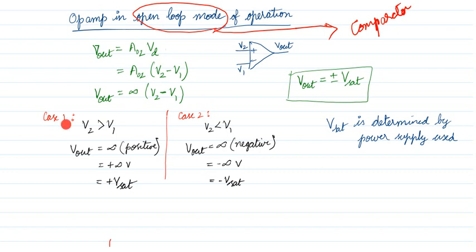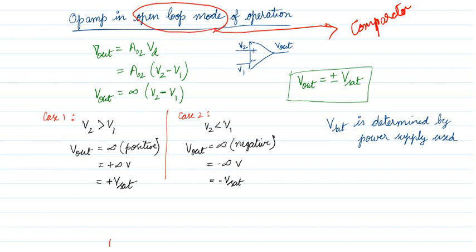In case one, V2 is greater than V1, that is, the voltage at the non-inverting terminal is greater than at the minus terminal. Then V2 minus V1 is positive, so infinite into positive is plus infinite. In case two, V2 is less than V1, so inside the bracket it is negative, and V out is infinite into negative, which is minus infinite. If they are equal, case three, the difference is 0.